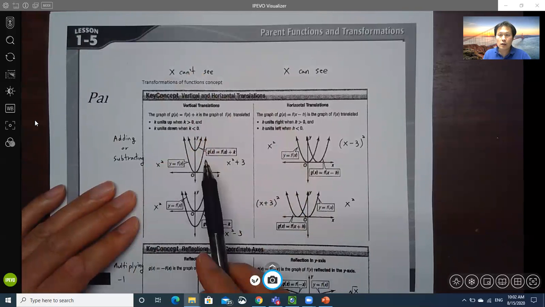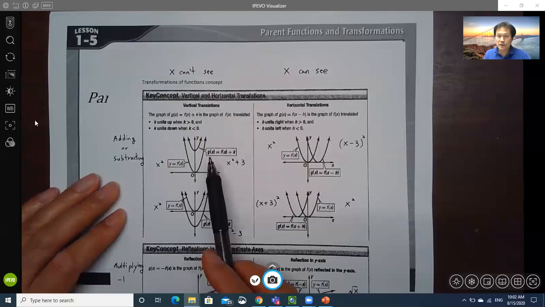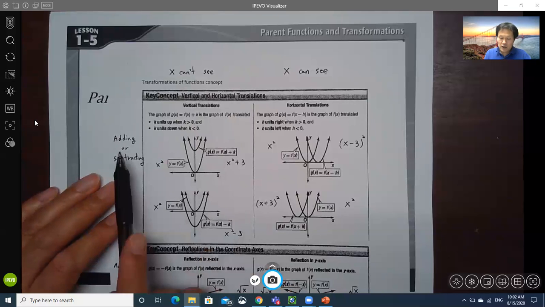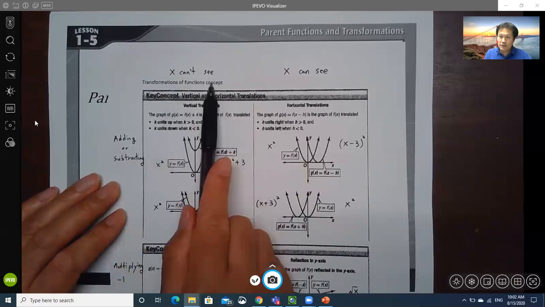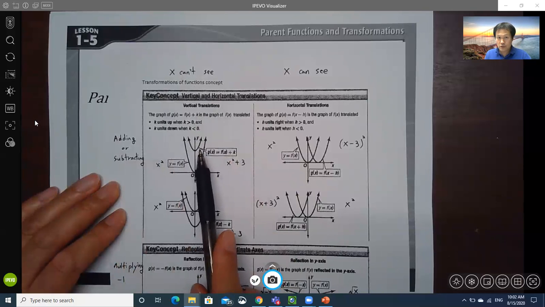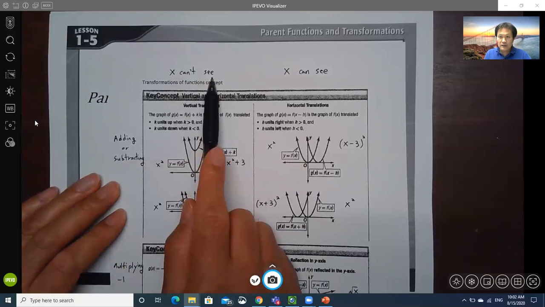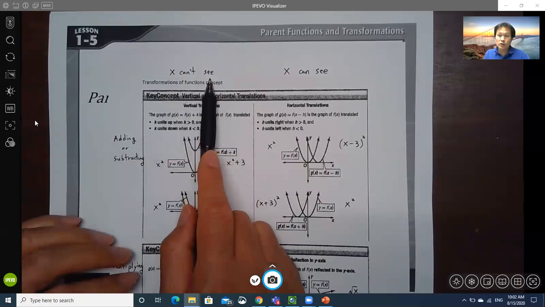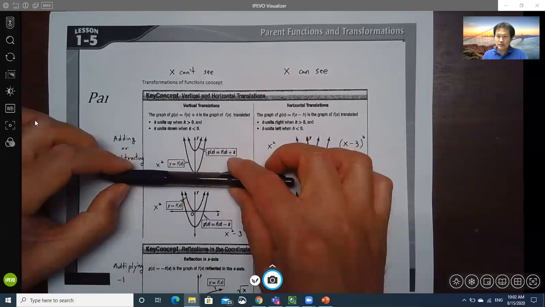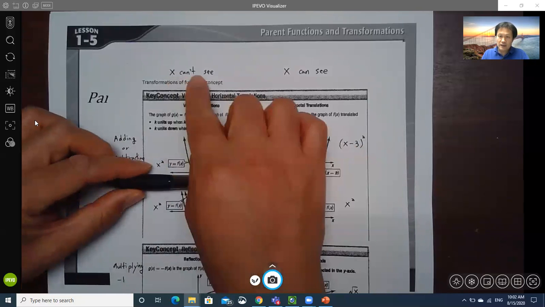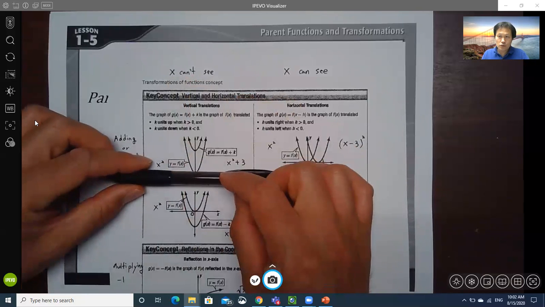How do we tell the shifting or translation from the equation? We are adding or subtracting a number. If x cannot see that number added or subtracted, that's not related to x. The x-axis is a horizontal axis. If x cannot see it, it has nothing to do with x.